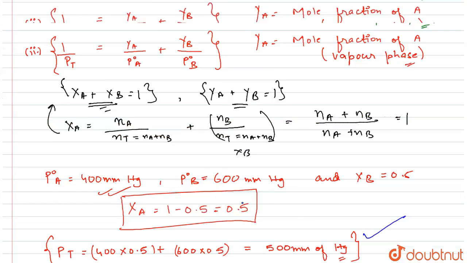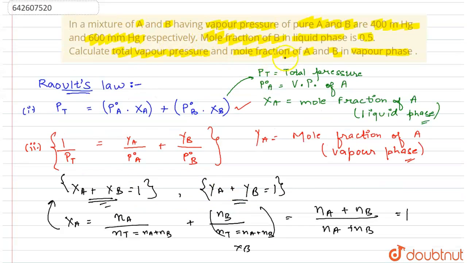Now the second part of the question says we have to calculate the mole fraction of A and B in the vapor phase.